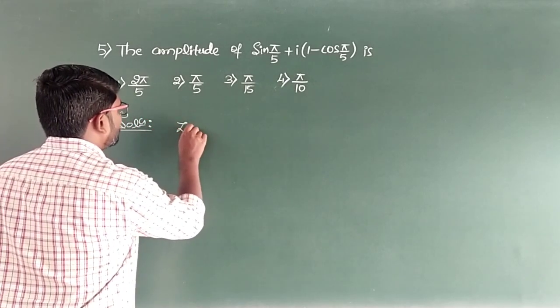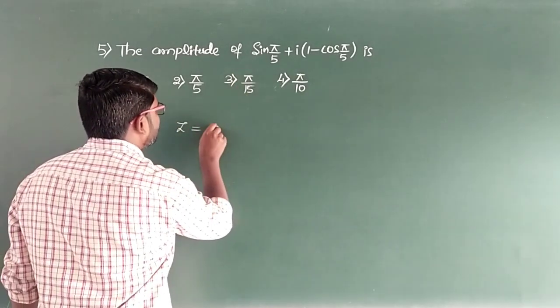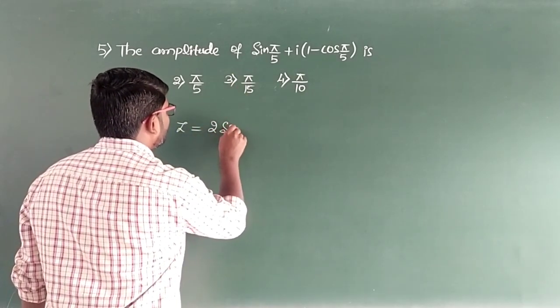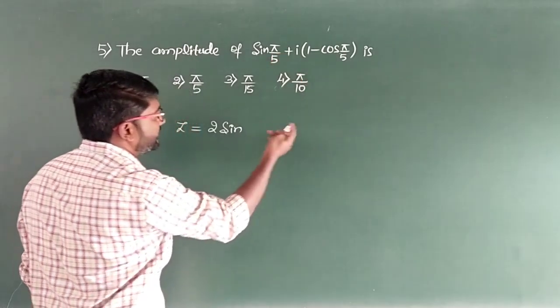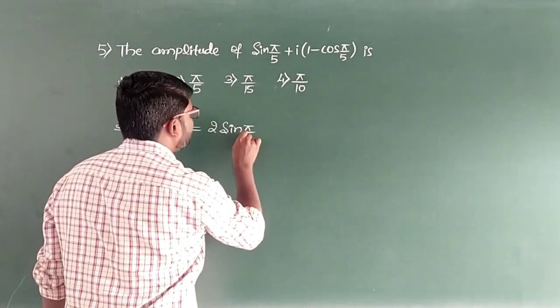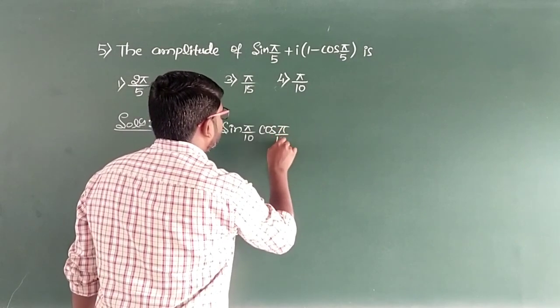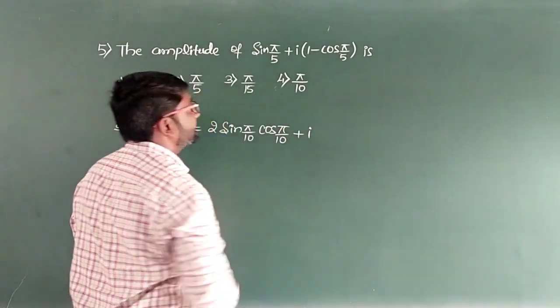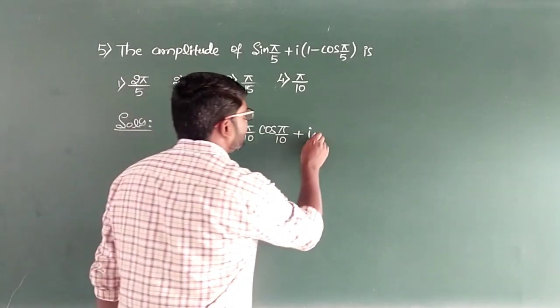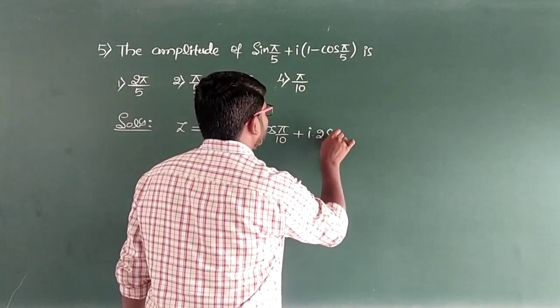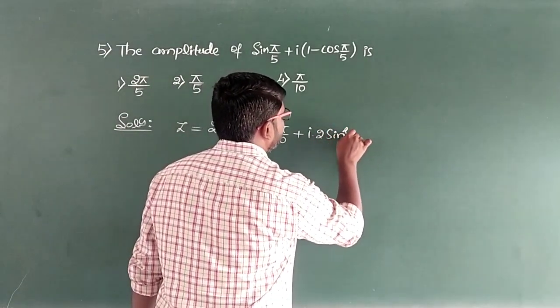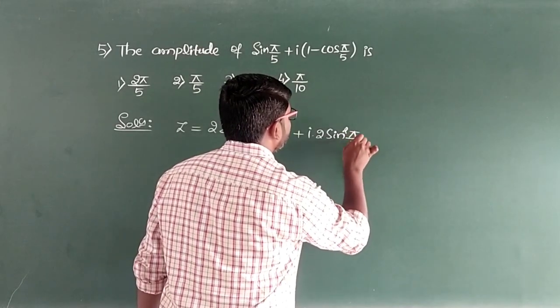So z which is equal to sine theta can be written as 2 sine theta by 2. So this is theta now. Theta by 2 means we get pi divided by 10, into cos pi by 10, plus i times 1 minus cos theta, which can be written as 2 sine square theta by 2, that is pi divided by 10.